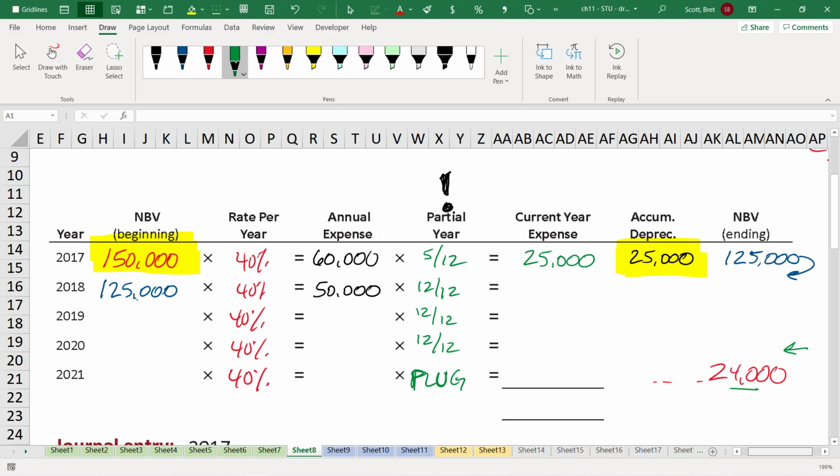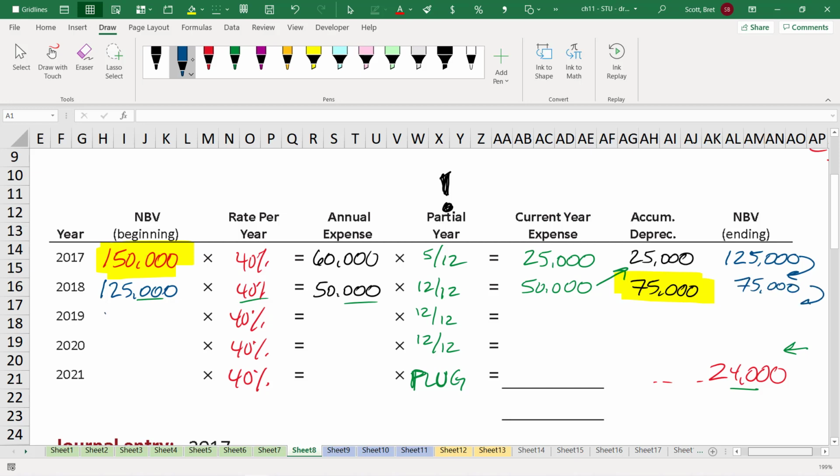All right. 125 times 40%, 50, times 12/12 is $50,000. Add that to accumulated depreciation. That gets us a new accumulated depreciation, $75,000, which means if I compare that 75,000 with my cost basis, 150, that means my net book value at the end is $75,000.